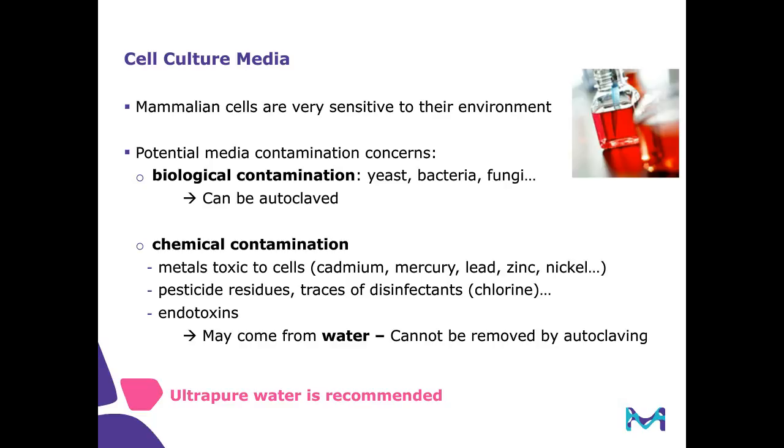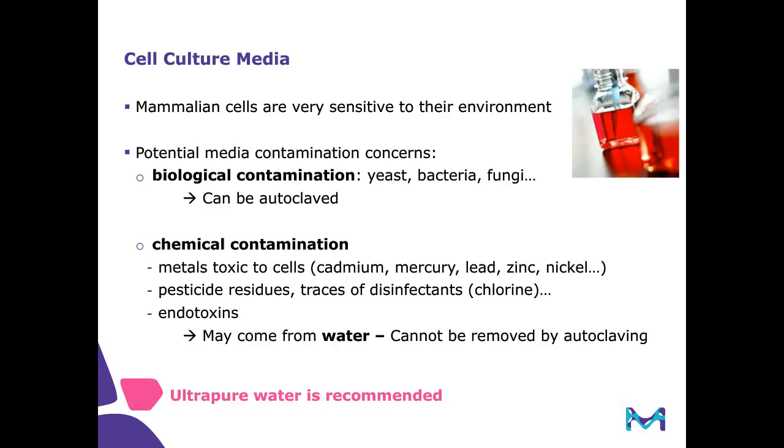But there is another type of contamination to take into consideration that is not as visible, because it doesn't grow, it's not visible under the microscope. It's chemical contamination. So for example, if you use water to prepare your media that contains a small amount of metals that are toxic to cells, or a small amount of pesticides that come from the tap water, or even endotoxins, then it may have an effect on your cells.